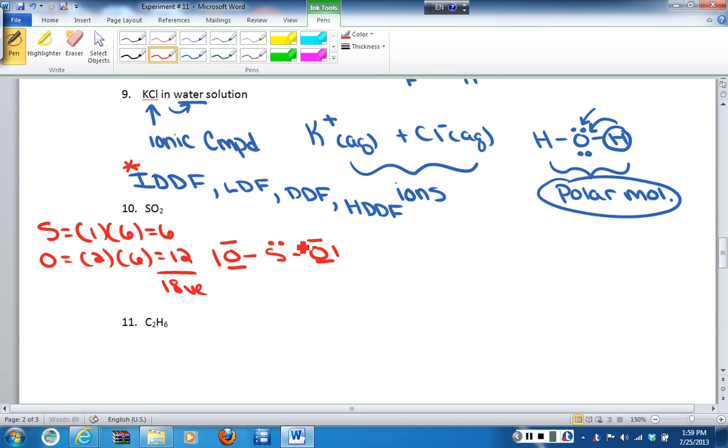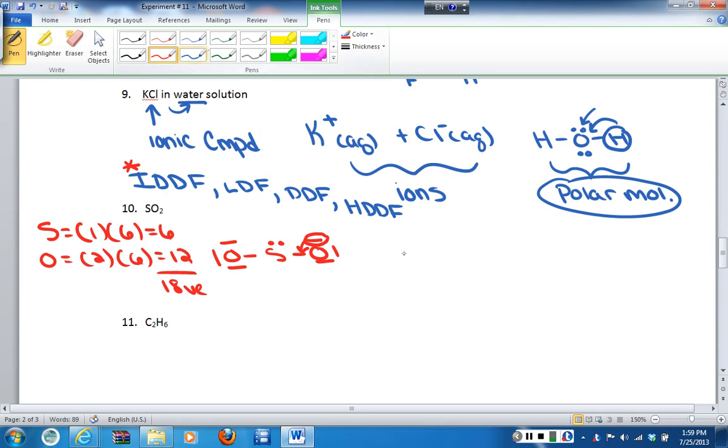Now, you've drawn all 18 valence electrons, you've given your oxygens an octet, but the sulfur does not have one. You've used all 18 of your valence electrons, so you have too few, and you're going to have to form a multiple bond. In this instance, it doesn't matter which oxygen's lone pair you form the multiple bond with.